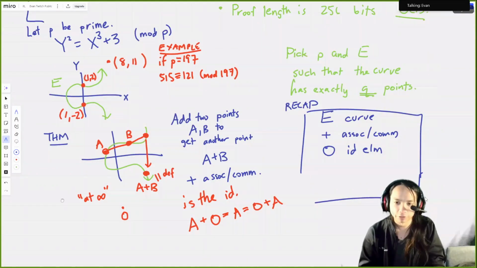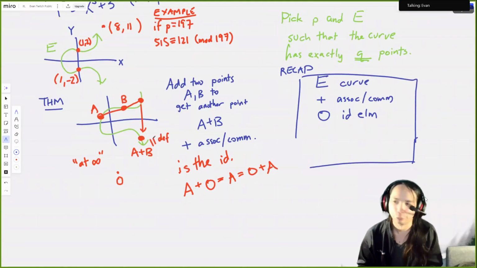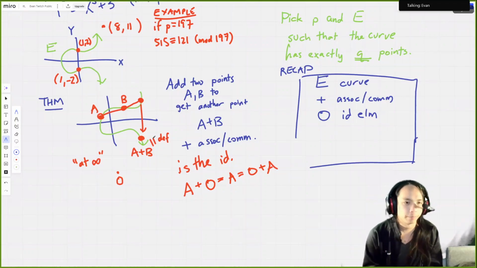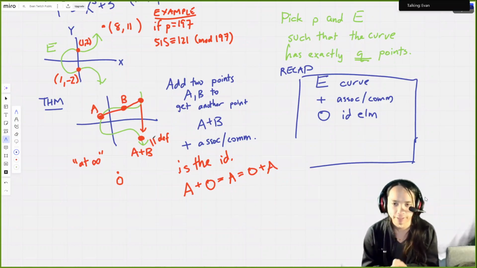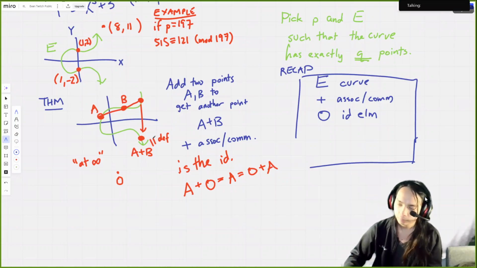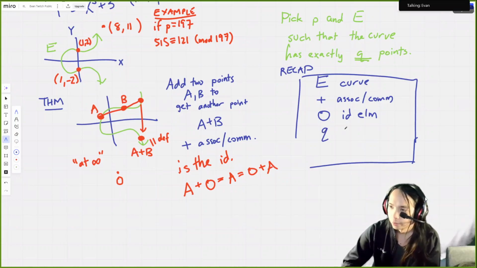I've given you this picture just for purposes of illustration, but the important thing is that there is an addition operation, and in practice, it can be computed pretty efficiently. If I actually gave you some points and asked you to compute it, there are ways that we know how to do this. And finally, I've rigged it such that the number of points in play is exactly Q.